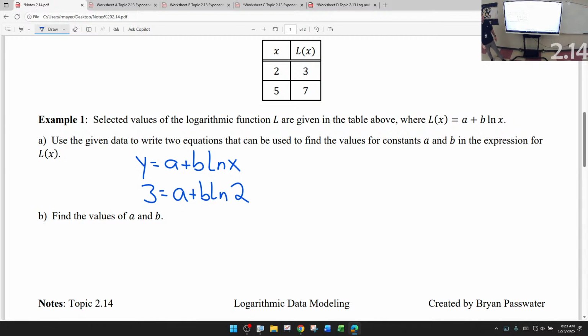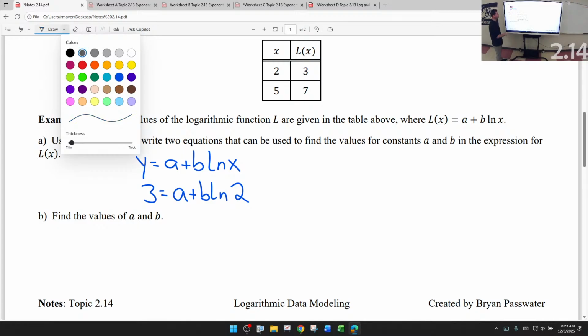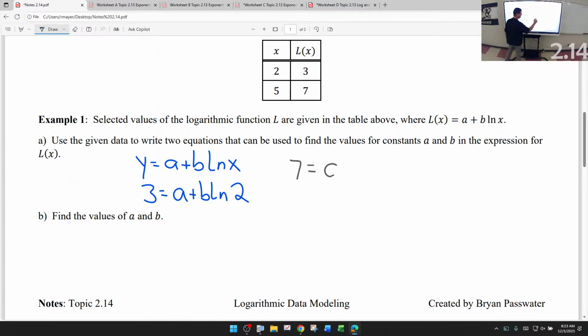And there is absolutely no way for me to find a and b like this. However, I got another equation. And that other equation is going to be 7 equals a plus b ln 5. And that's what they wanted me to do. Use the given data to write 2 equations. I wrote 3.